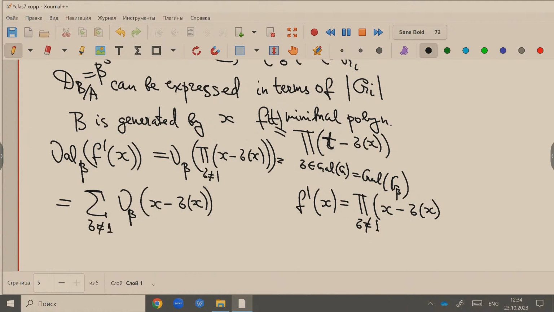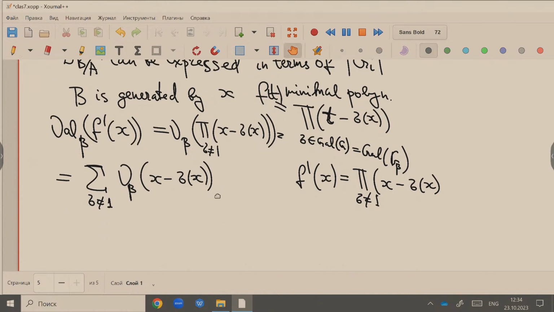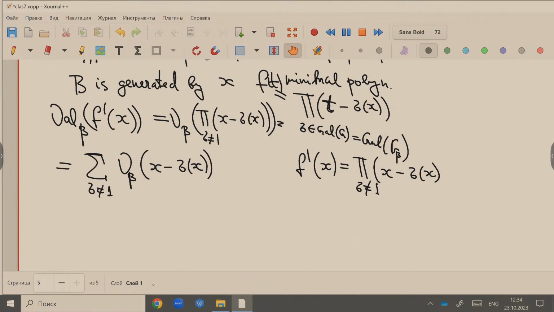In order to understand to which group sigma belongs, you have to take the generator and calculate the valuation of the generator.